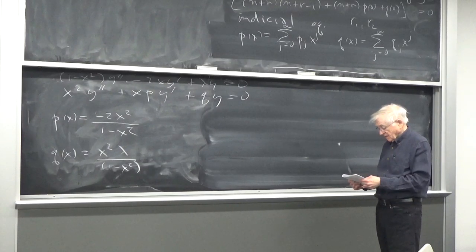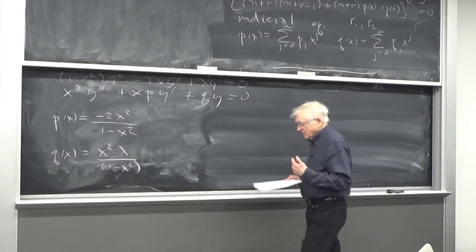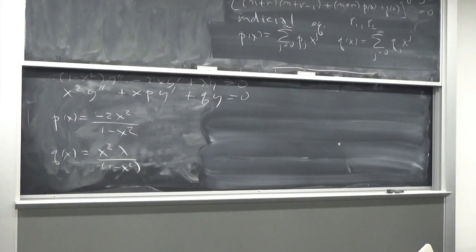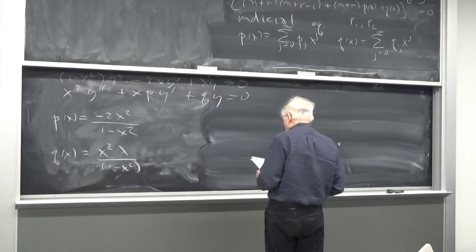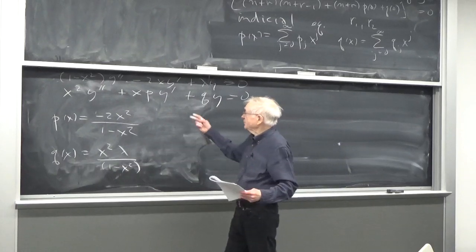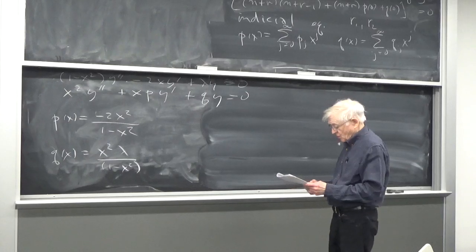So one could apply Legendre's equation, I mean Frobenius' method directly, but it's actually simpler to just substitute the power series expansions for y, y prime, and y double prime into the differential equation.